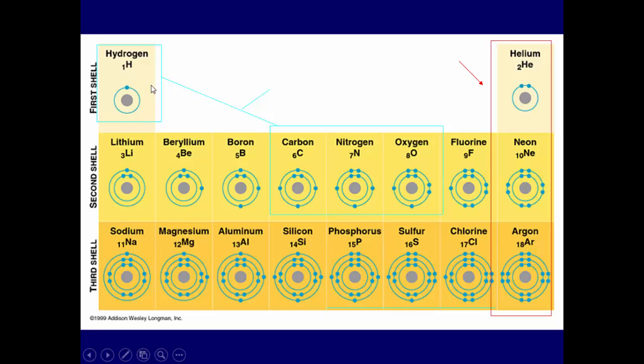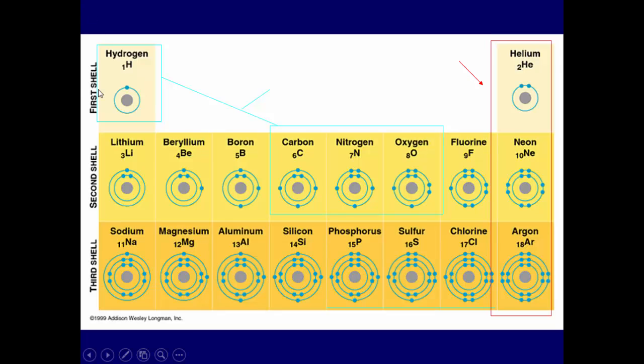So in this first column that has hydrogen, lithium, and sodium, they only have 1 electron in their outermost shell. And since they only have 1 in that outer shell, they tend to lose it. And that takes them back to that next shell, which has 8 in it, and it's full, and they're happy.